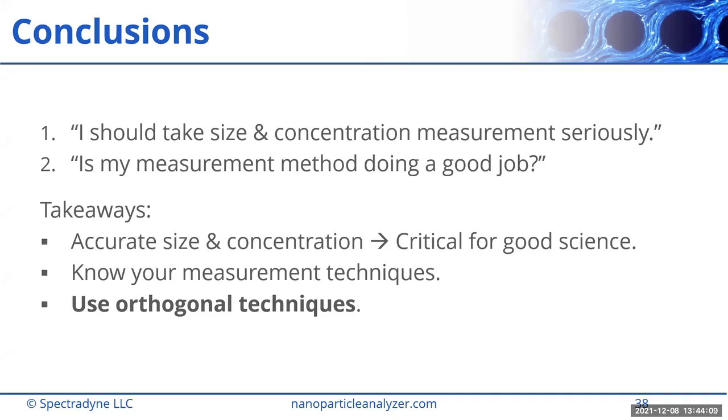And also to ask yourself whether your measurement method is doing a good job or not, whether you're working within the bounds of your measurement technology. To summarize, accurate size and concentration are critical for good science. It's important to know your measurement techniques and to use orthogonal techniques when you can. We're always a proponent of encouraging users to investigate their samples from different perspectives, because you always learn more that way.